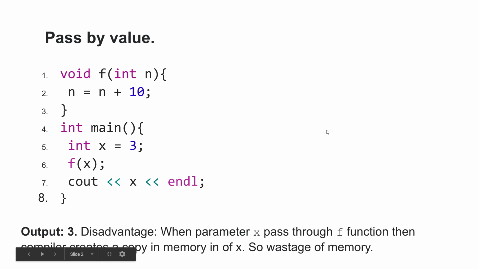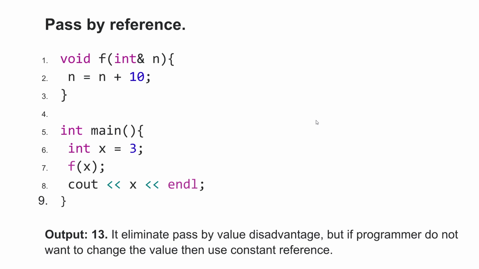A better solution for this problem is pass by reference, because in the C world you're able to see a lot of parameters with that ampersand symbol. When you add this symbol, that means you're passing not a value, but a reference, like x. And it eliminates the pass by value disadvantage.